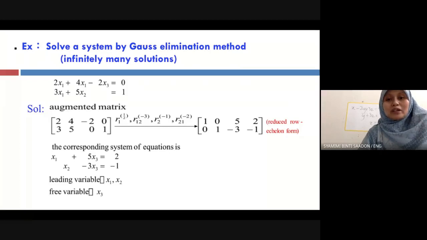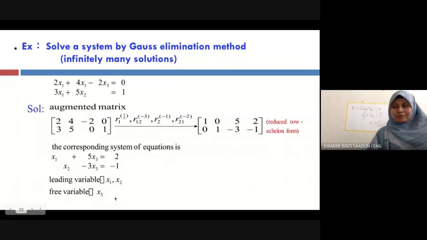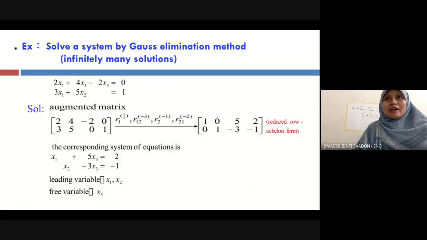So what do we do? Since we only have access to that information, we have to write the answer something like this. The leading variables will be x1 and x2, and the free variable will be x3. Meaning that x1 and x2 depend on the value of x3.